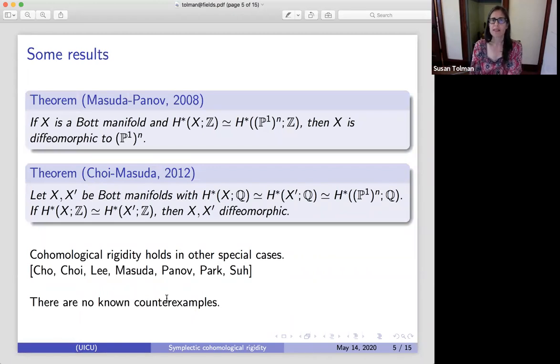So the first theorem I want to talk about is a theorem of Masuda and Panov. So suppose that X is a Bott manifold, and the cohomology ring of X with integer coefficients is isomorphic to the cohomology ring of a product of P1s. Then the conclusion is that X is actually diffeomorphic to a product of P1s.